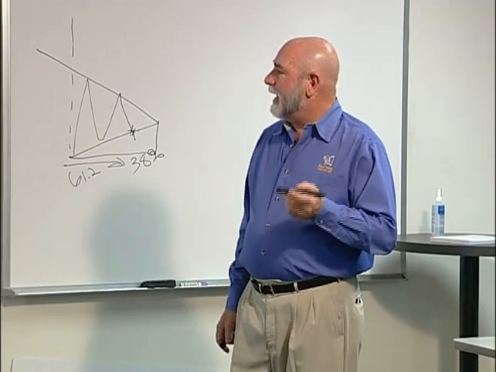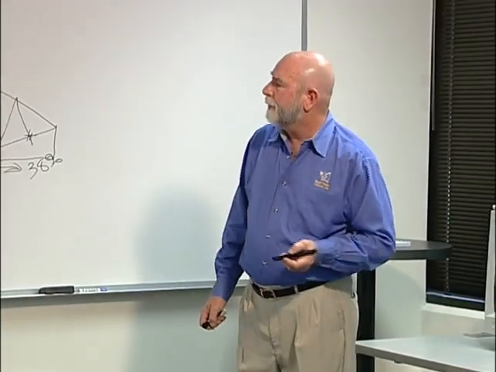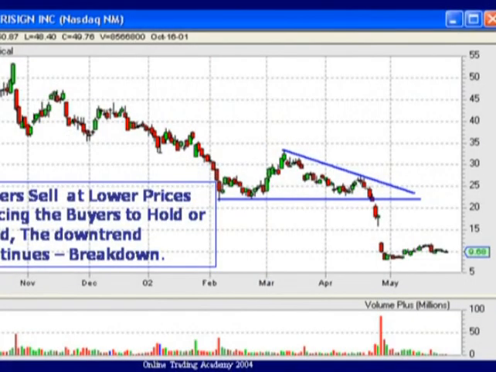We also have a measuring object of a different sort in here, okay? The vertical distance from the short line to the bigger line, again our zero line, is generally the expected fall after the breakdown.